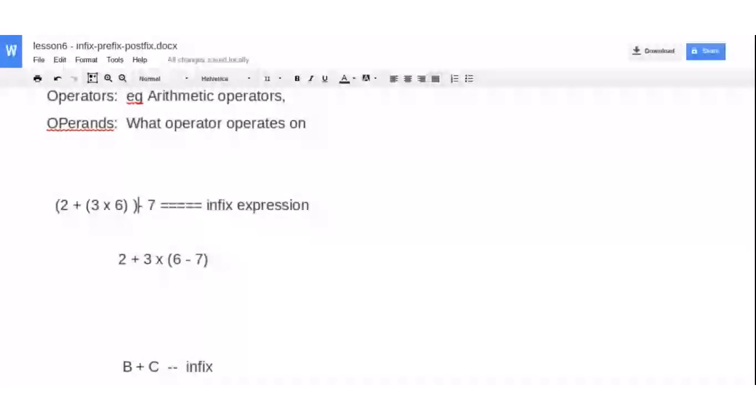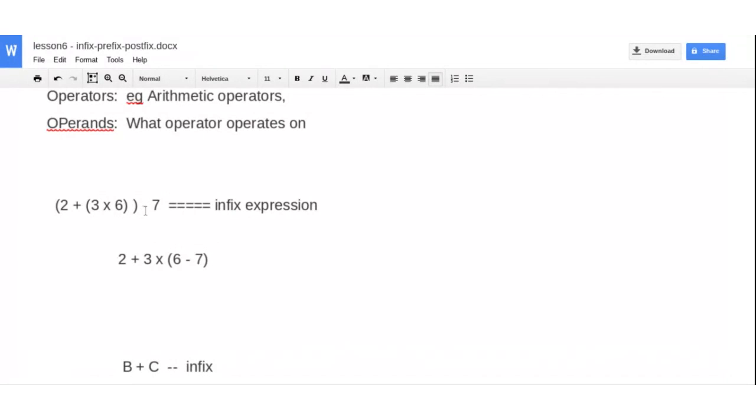Remember, we are identifying the operators with its operands. Now, when we come to the minus, the operator here, what are the operands of the subtraction? The operands are to the left and to the right.